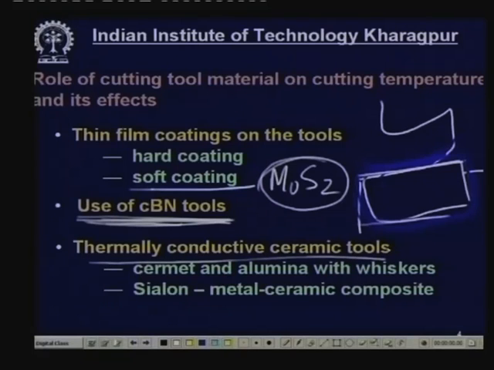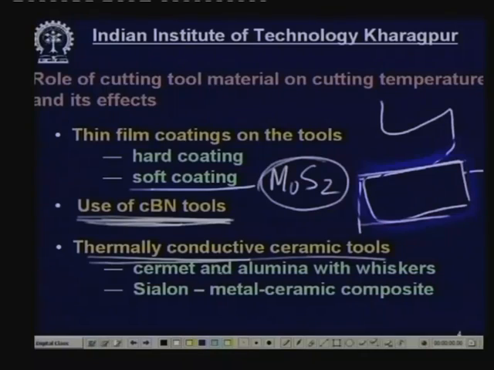Now, ceramic tools are used widely nowadays for machining various materials like steels at high speed. Ceramic tools are non-conductive. So, the heat that is developed and received by the tool remains confined at the surface. As a result, the temperature at the cutting point becomes very high and the tool gets damaged. Now, by increasing the thermal conductivity of this ceramic tool, heat is allowed to disperse throughout the matrix of the tool.